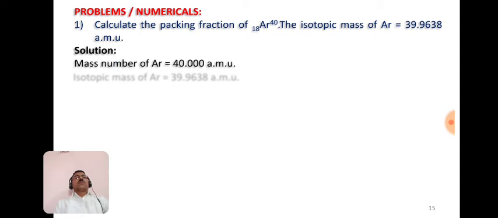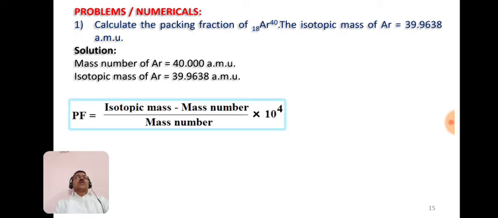What is given? The mass number of argon is 40 and the isotopic mass of argon is 39.9638 atomic mass unit. We know this is the formula to calculate the packing fraction: packing fraction is equal to isotopic mass minus mass number, upon mass number, into 10 raised to 4.